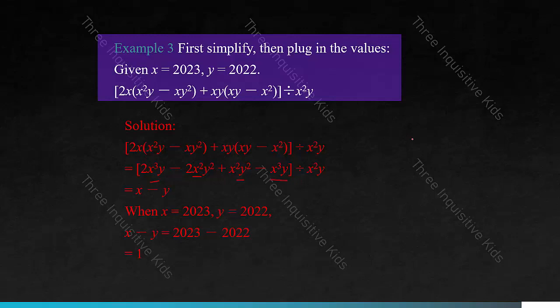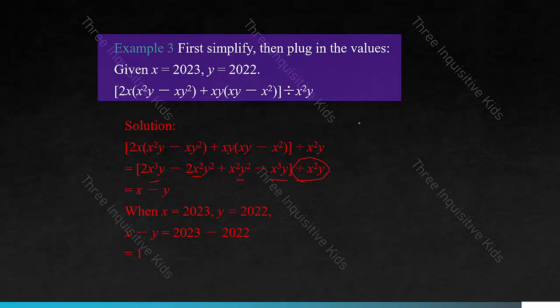And now we can apply the distributive property of multiplication to divide this divisor. And we're left with x minus y. So now you plug in the values. X equals 2023, y equals 2022. When we subtract that, we get 1. Imagine how hard it would be if you first plugged in the values and then you had to do all that extra calculating when all you really needed to do was to cancel things out and get x minus y to get 1.